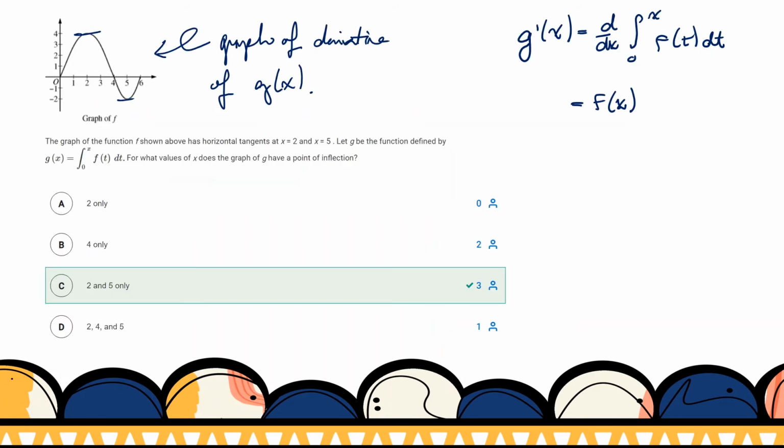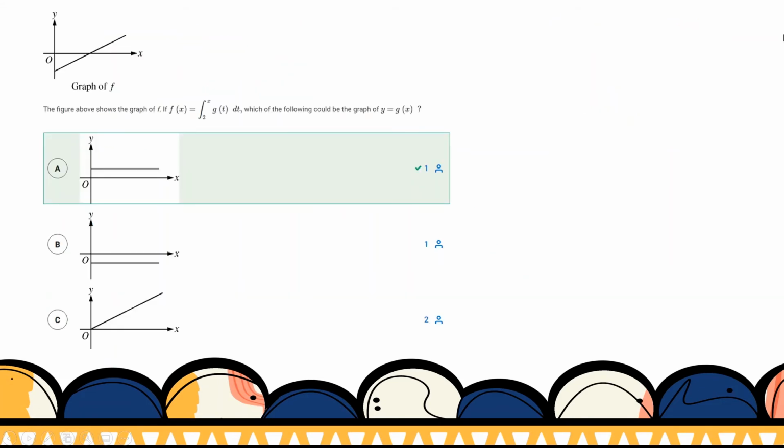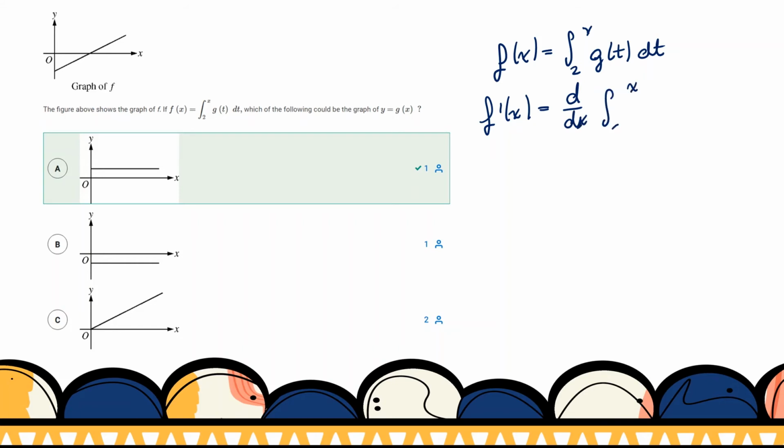So you need to know that the derivative of the integral of a function is just equal to the function. So the derivative of g of x is f of x.